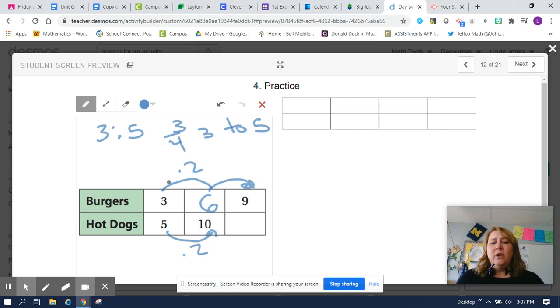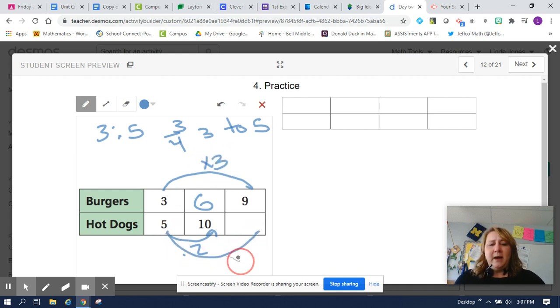You could either go all the way back like we did last time, where we have 3 times 3, go all the way up to the top, 3 times 3, in which case we're going to do the same thing on the bottom, times 3. And 5 times 3 is 15. So that's how you could fill out that ratio table, doing it that way.